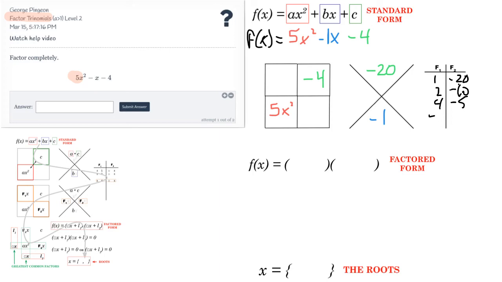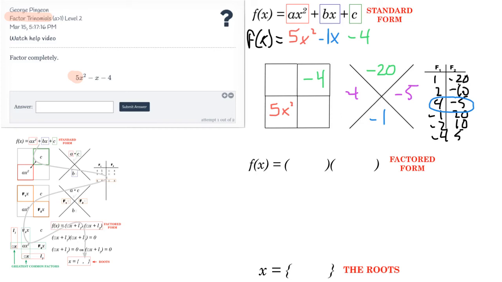So negative 1 and positive 20, negative 2 and positive 10, and negative 4 and positive 5. Which one of these add up to negative 1? 4 and negative 5.